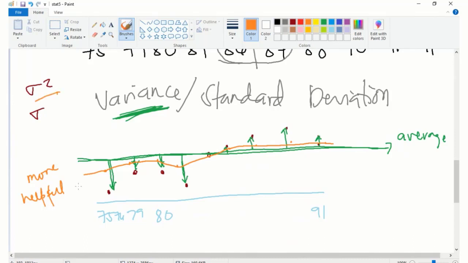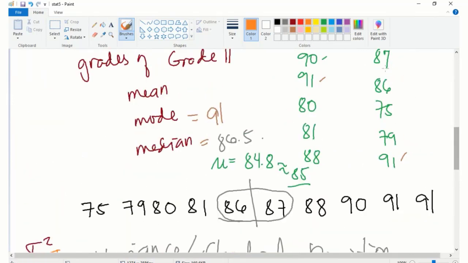Mas madali mong makita ang dispersion kung standard deviation ang tinitingnan mo. Maybe in this example, hindi nyo ma-gets yung ibig sabihin ko na mahirap tingnan ang variance, yung kalayo ng distansya, kasi nga, the numbers that we are dealing with are essentially maliit.